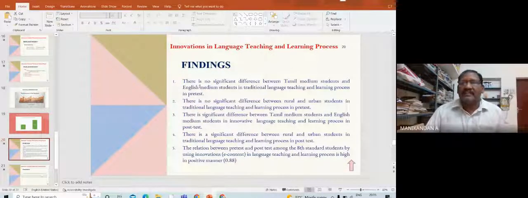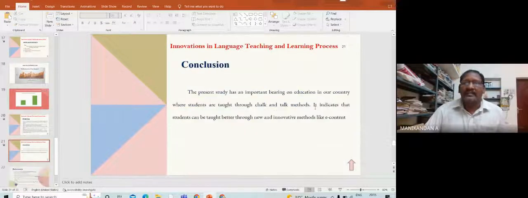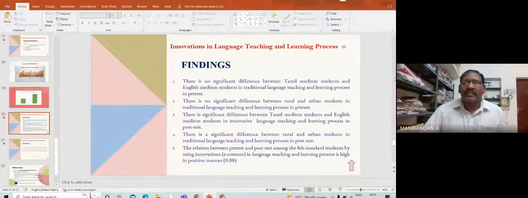So I conclude it simply. First, there is no significance between Tamil medium students and English medium students. Second, there is no significance between rural and urban students. These two hypotheses are null hypotheses. And third, there is a significant difference between Tamil medium and English medium post-test results.